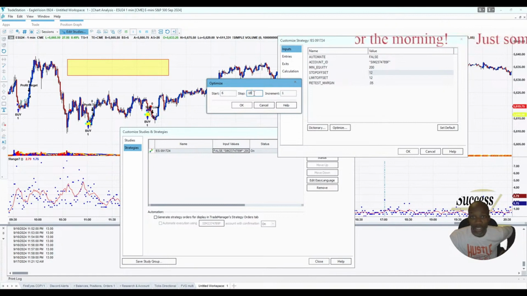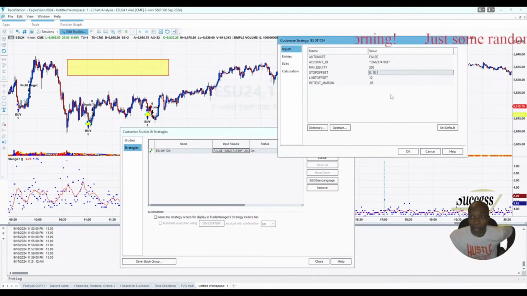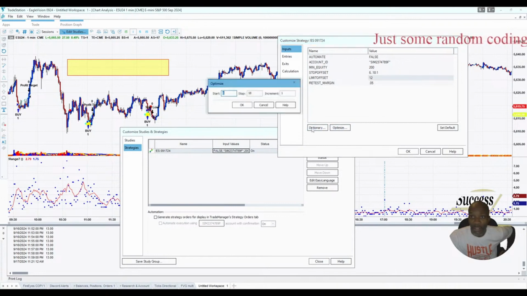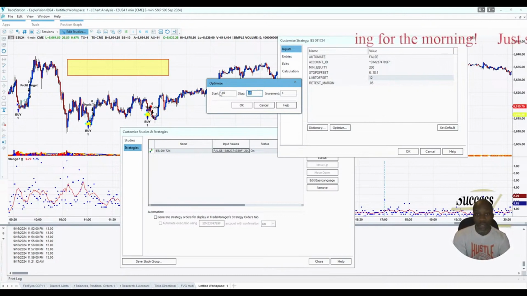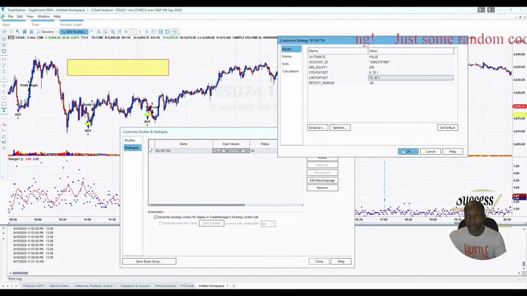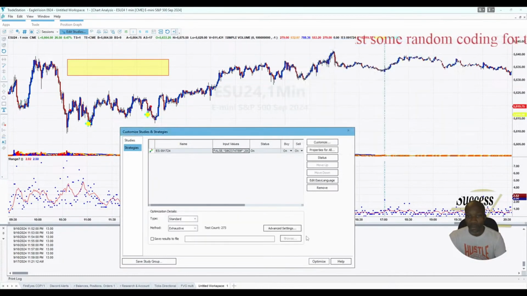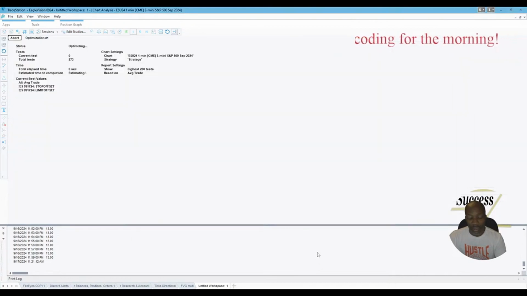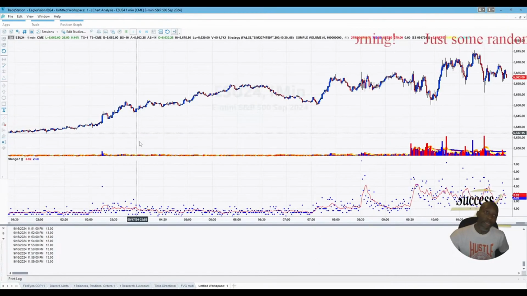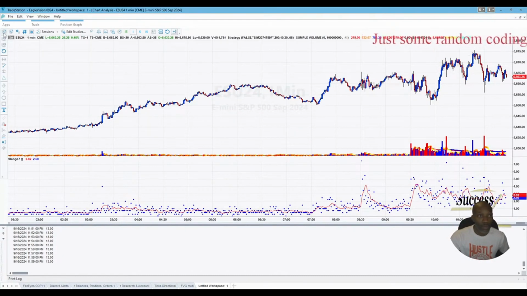So we'll go 6 to 18 is fine. All right, and then for our limit, as far as what we're taking profit on, it should be more than the stop. So we'll go 10 to 30. And I'm not even using a retest margin. I don't think so.